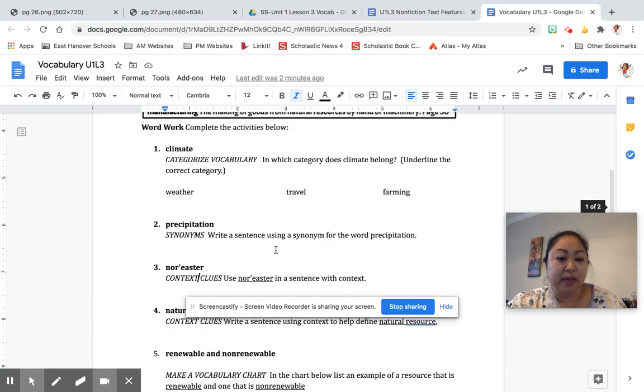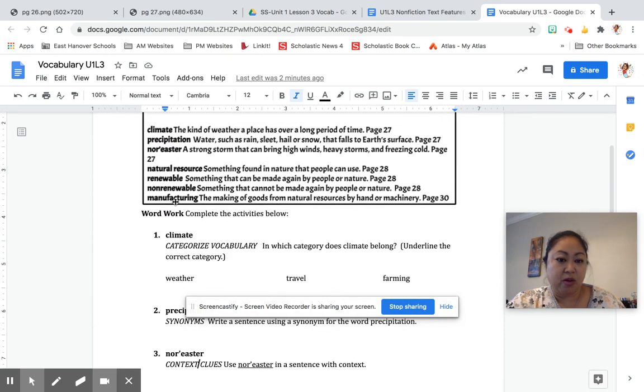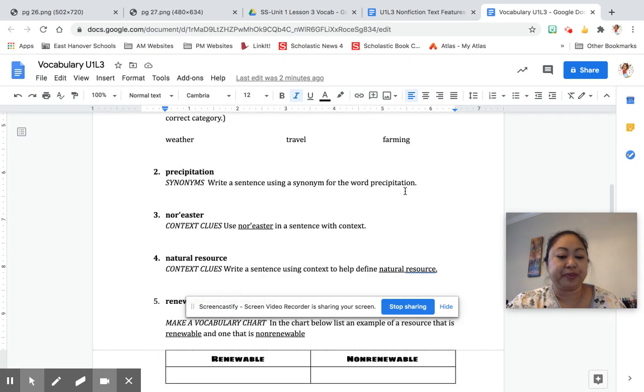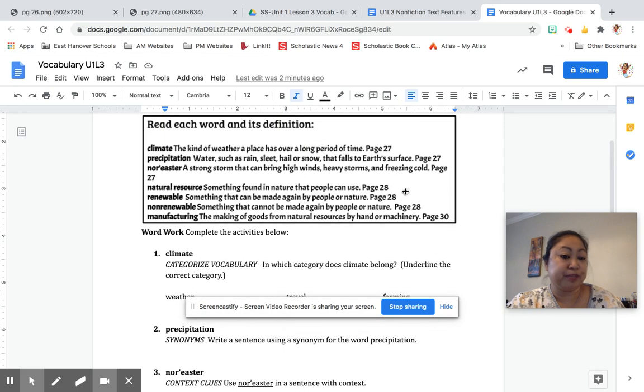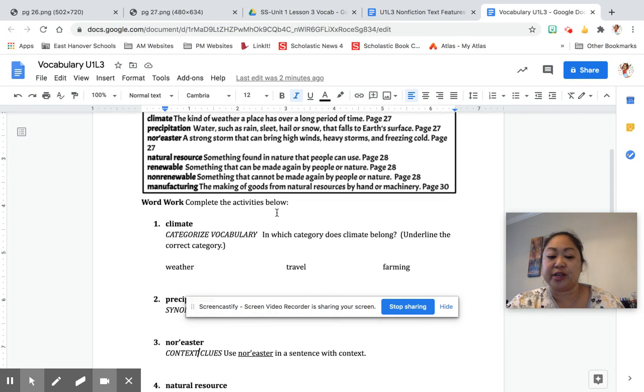So if I look up here, renewable, page 28, so if you go to your book and look for page 28, then you might be able to find it. But if you're looking at the definition, renewable is something that can be made again by people or nature. And with those definitions, you could probably do it. Non-renewable, something that cannot be made again by people or nature.